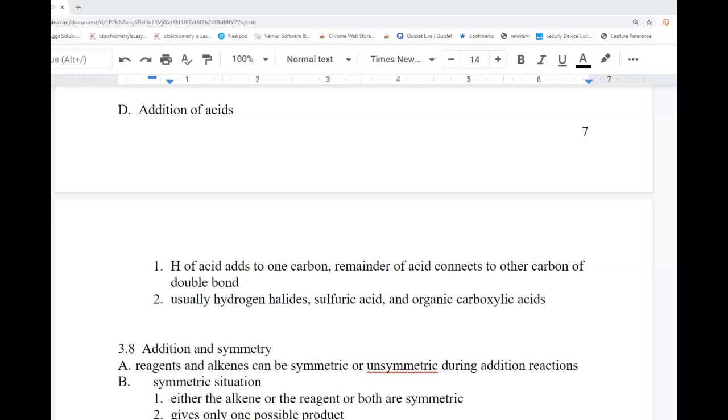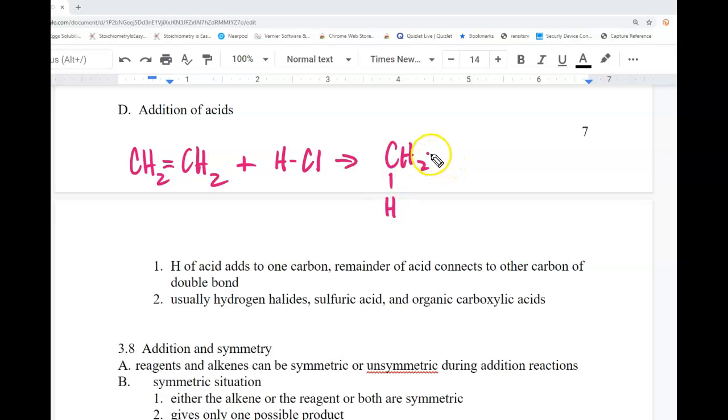So oftentimes what you'll see again is the ethene, CH2 double bonded to CH2, and let's say that we add some hydrogen chloride, so hydrochloric acid to it, then we would end up with the CH2, which now has another hydrogen attached to it, bonded to a CH2, which now has the chlorine attached to it. And that is your reaction there.